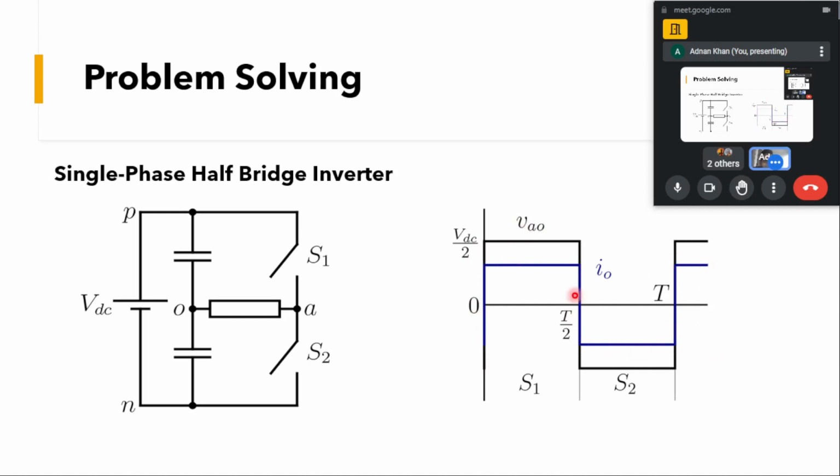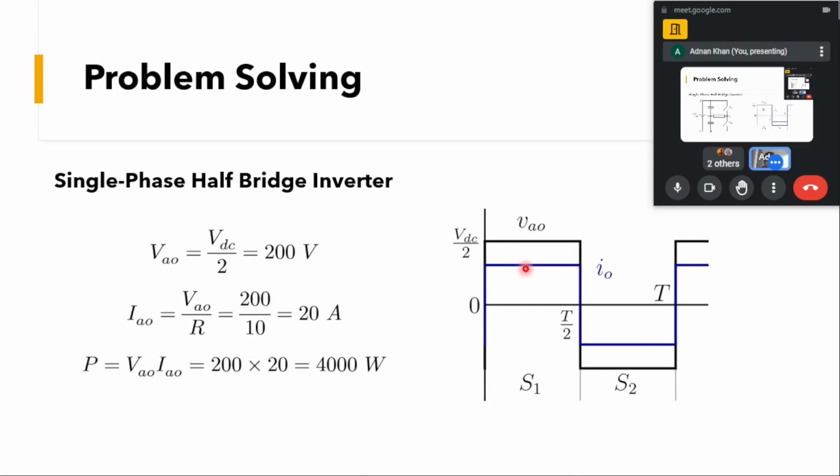You can see here, VO is VDC by 2. The peak of this VAO phase voltage is VDC by 2, which will be equal to 400 divided by 2. That will come out equal to 200 volts.